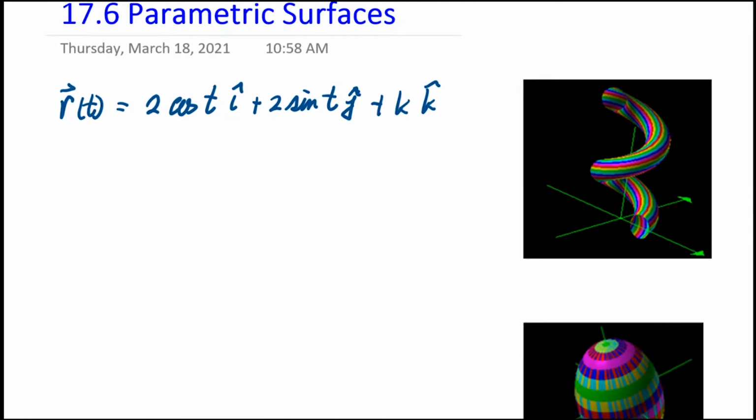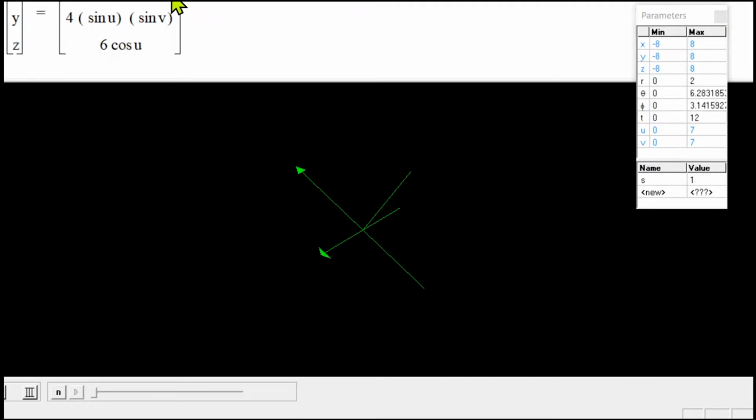So let's go back to this, and we'll put 2 cosine t here, and then delete all this. Oh my god, undo.